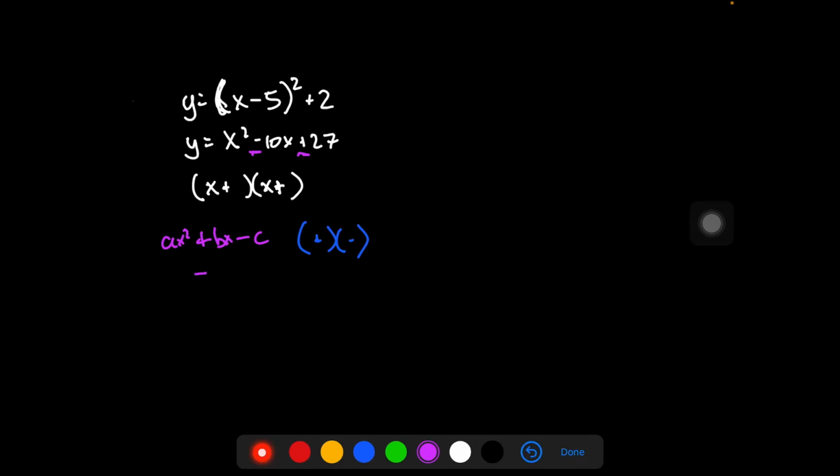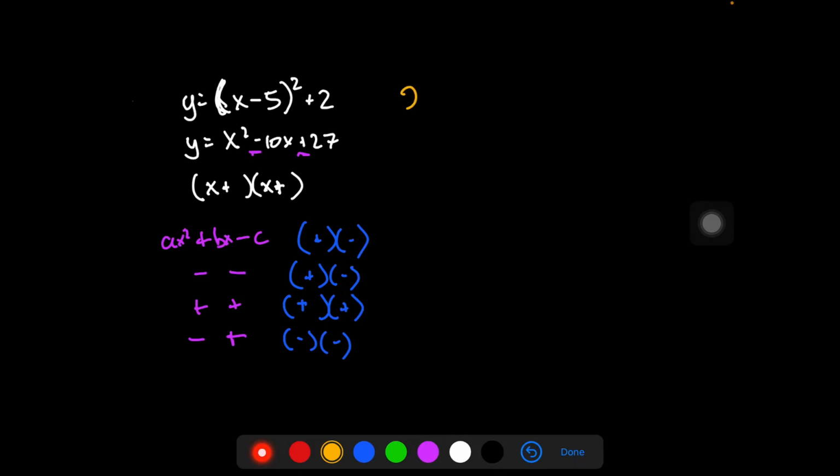If we have minus minus, likewise, we're going to be working with plus minus in parentheses. If we have plus plus for our standard form, then we've got plus plus in factored form. And if we've got minus plus in standard form, then we've got minus minus in factored form. And that's where we start.